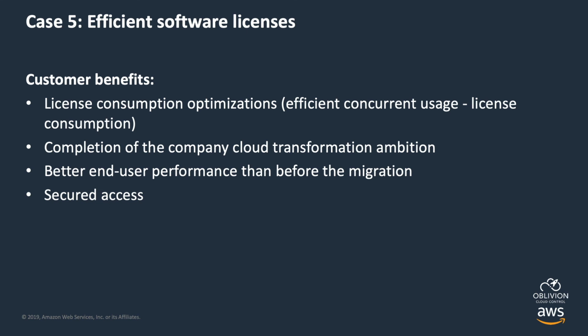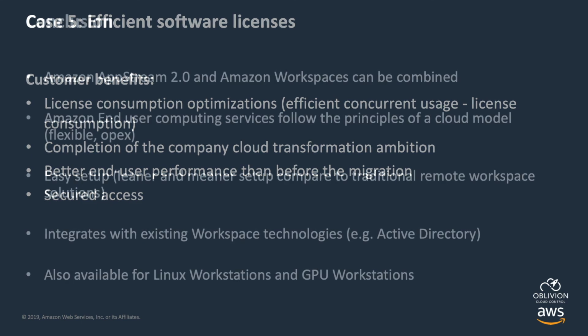It also allowed them to migrate these applications out of their data centers onto AWS, so they were able to close down their data center and reap the benefits of the entire cloud migration strategy, and at the same time, secure access to these applications is assured via the AppStream solution.